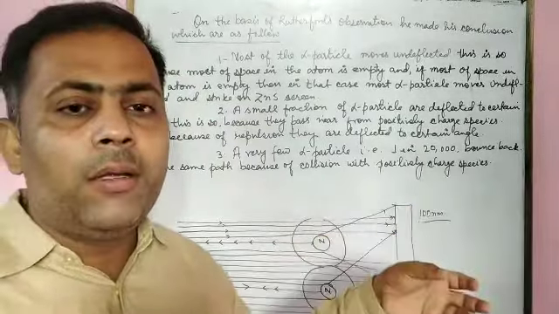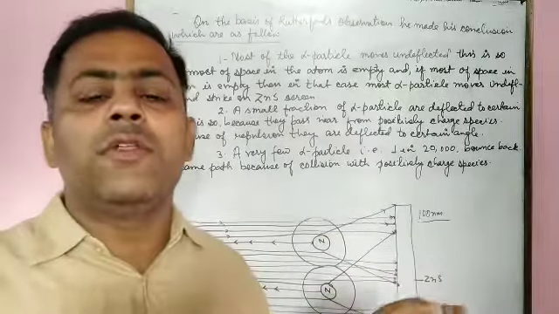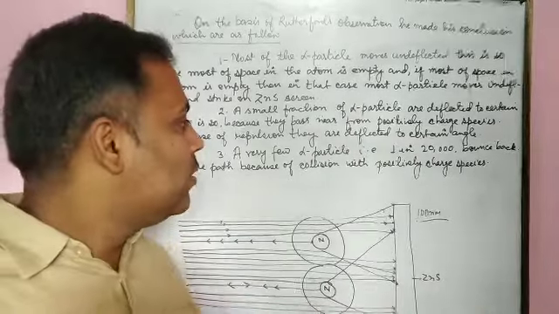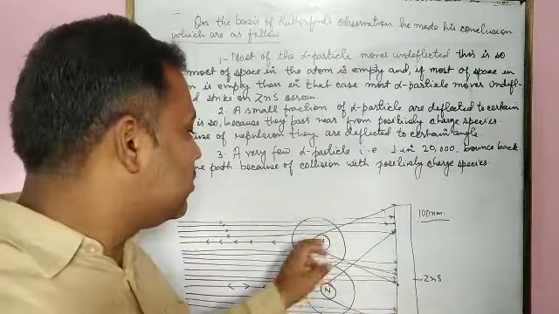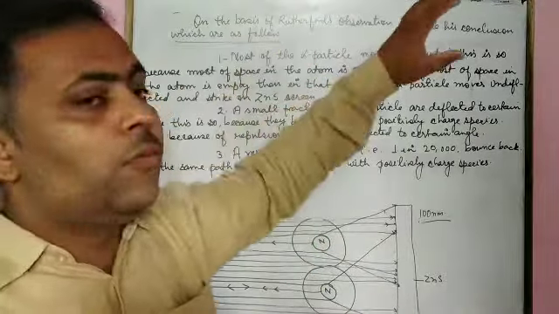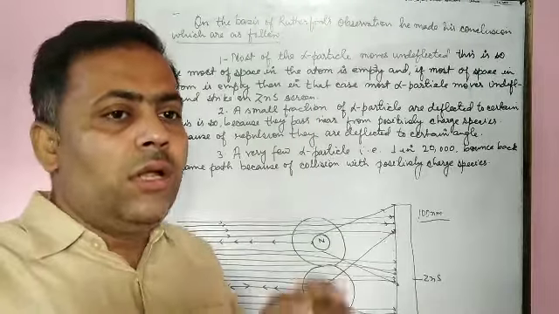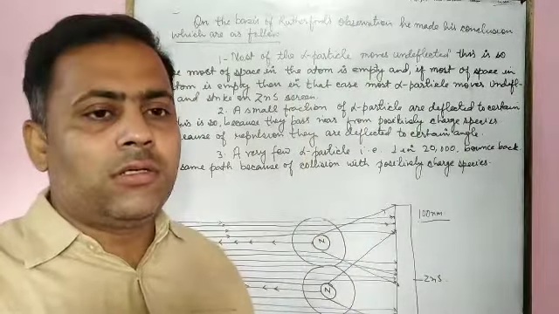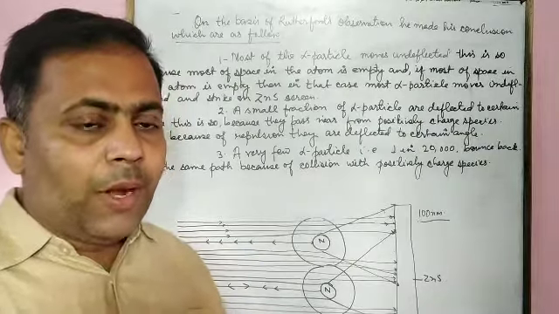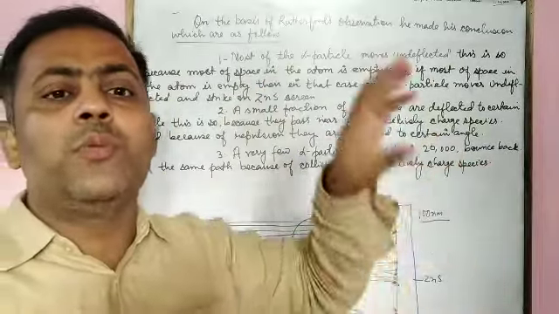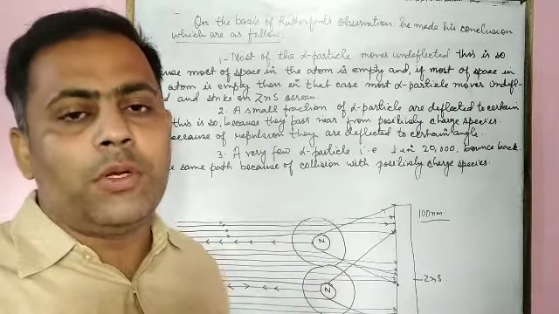Why did it bounce back? Because it has a head-to-head collision with the positively charged species, and that positively charged species, which is in the center, is the nucleus. The next, most of the alpha particles move undeflected. It means at the center there is the nucleus, and around the nucleus there are electrons, right? But most of the alpha particles move undeflected. This is so because most of the space in the atom is empty.